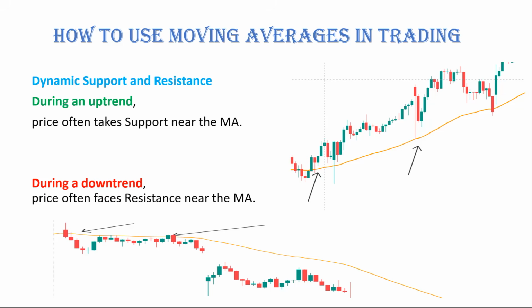It will be helpful for our trades, whether we are doing intraday or scalping, to understand what will be the next resistance and the next support. We can use this moving average in different ways also.